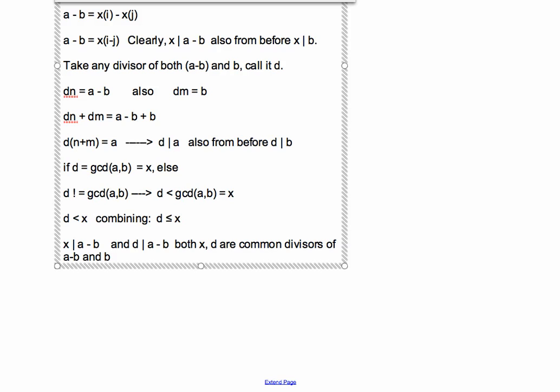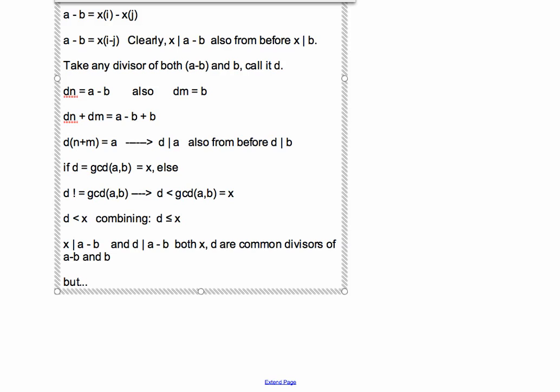All right, but X is bigger than, or equal to, D, and D can be any divisor, which means that X is equal to the greatest common divisor of A minus B and B. Okay, so, yeah.